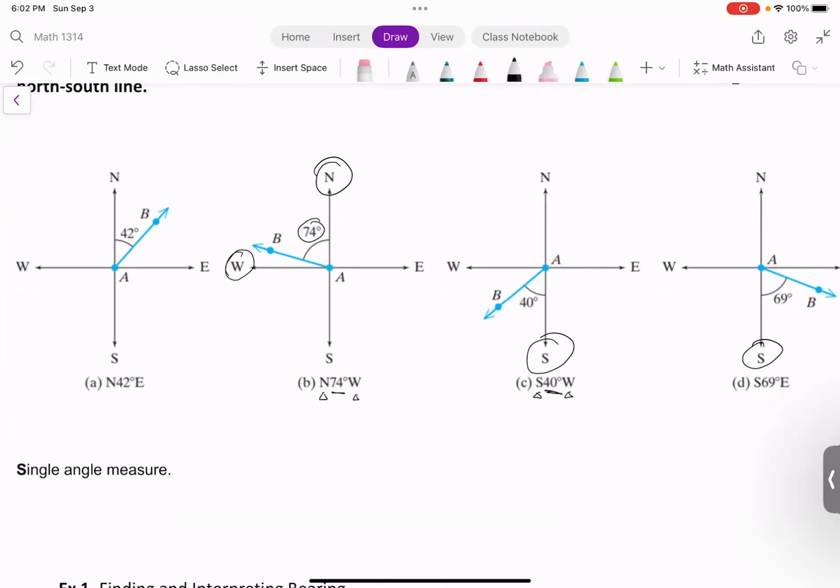We can put some information here: measure the angle clockwise from north. It doesn't mention north, east, west, or south letters.